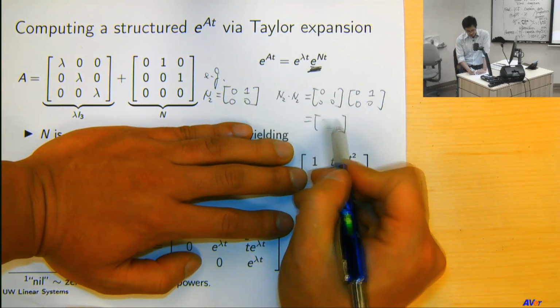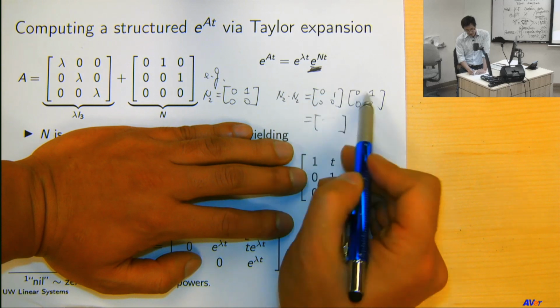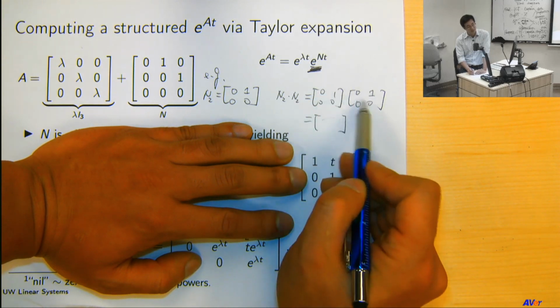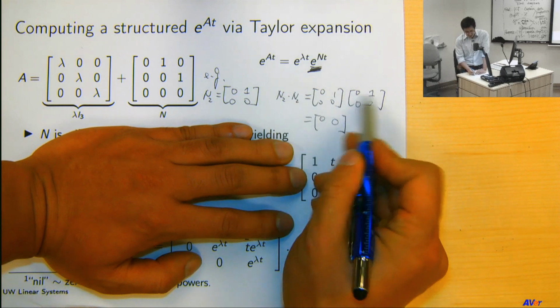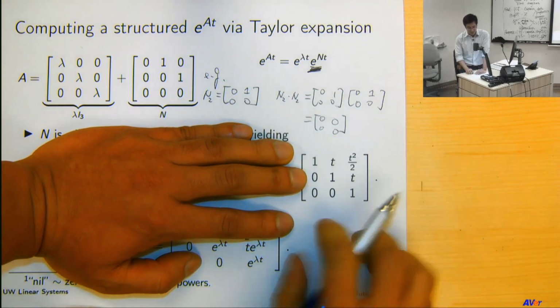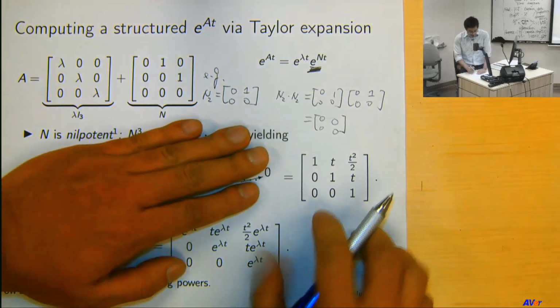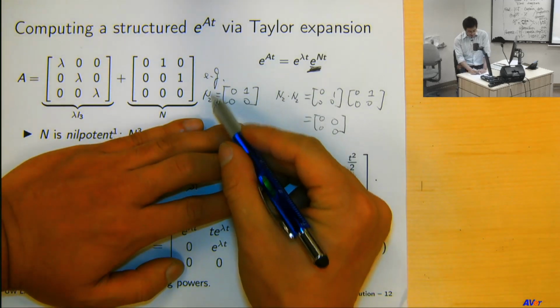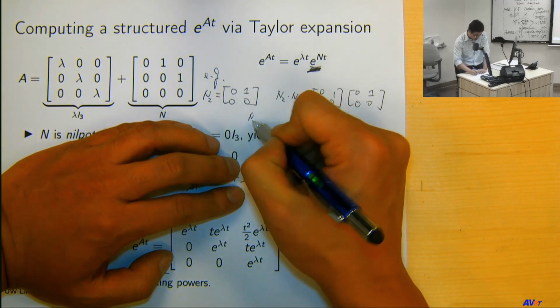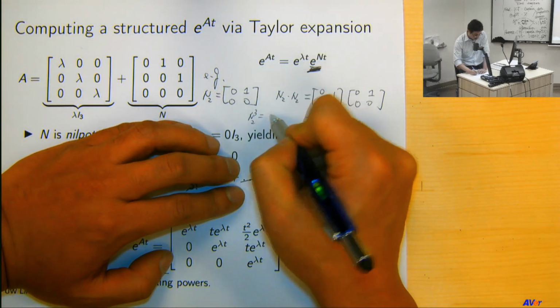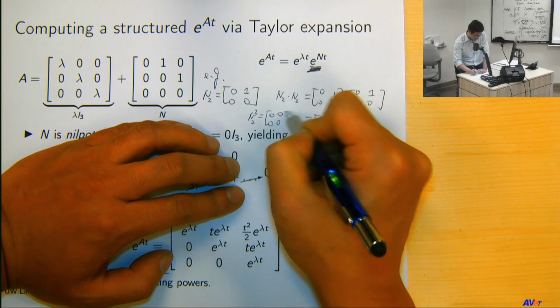It's 0 times this row plus 1 times this row. So it's 0, 0. And then the second row is 0 times this row, 0 times this row, so it's 0, 0. So after you multiply this matrix by itself once, you already get 0. If you do it 3 times, it's going to be 0. Right?